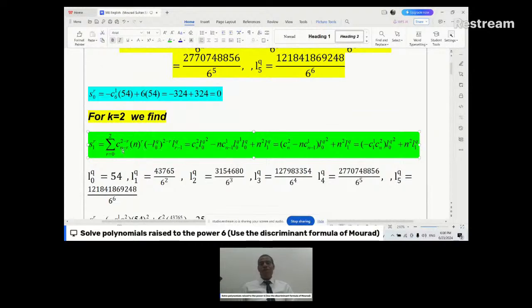Then combination n minus 1 choose 2 minus 1, means combination n minus 1 choose 1, times negative L0 of the q raised to the power 1. The negative sign comes because a negative number raised to an odd power is negative, times L0 of the q.